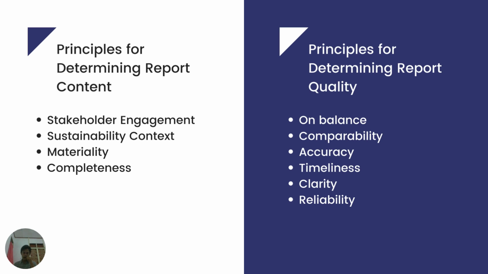Number F is reliability. The organization must collect, record, compile, analyze, and disclose information and the processes used to prepare the report so that they can be tested, and this will determine the quality and materiality of the information.